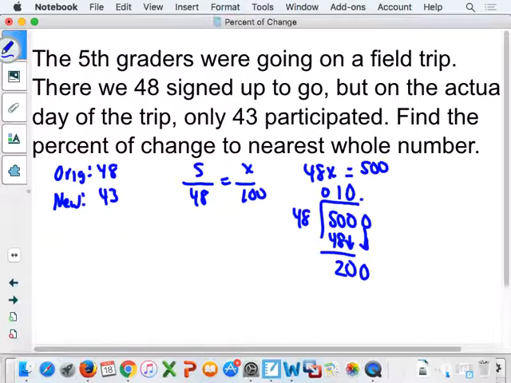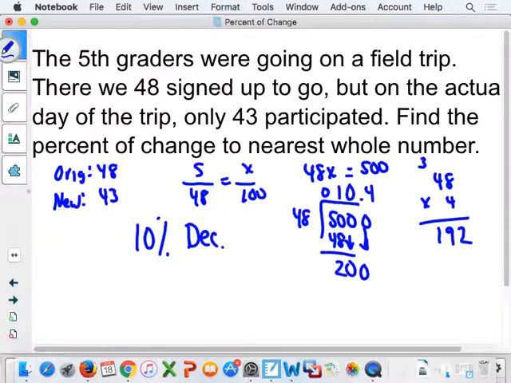Well, how many times does 50 go into 200? 50 goes in 4 times, so let's try 48 times 4. 32, and that's 192. So now we need to decide, is this 10 or 11%? And the 4 is not big enough to tell the 0 to go up, so this is just going to be a 10%, and this was a decrease between the number that signed up and the number that actually went on the field trip.